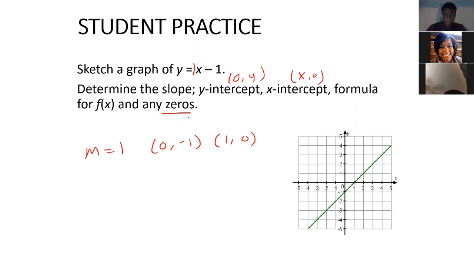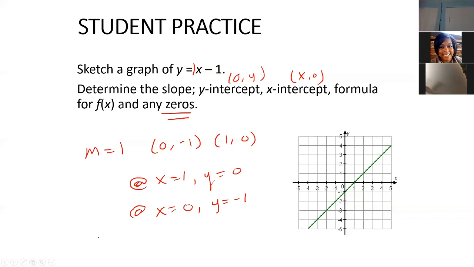When it's asking for any zeros, your zeros are saying, where do you have 0 value? You're just saying at x equals 1, y equals 0, that's a zero, and at x equals 0, you have y equals -1.